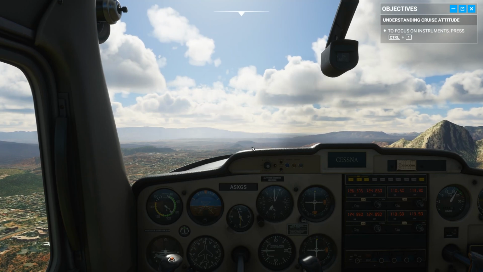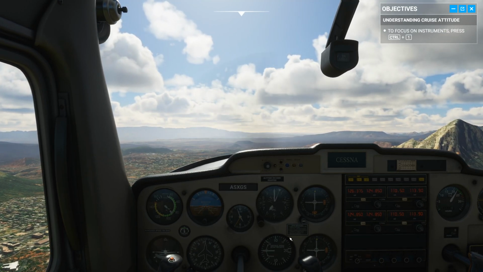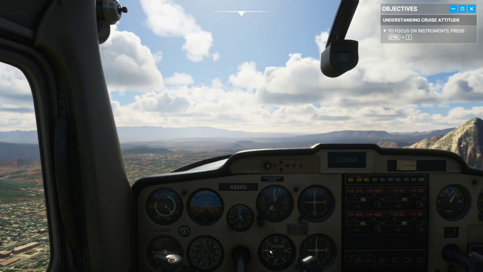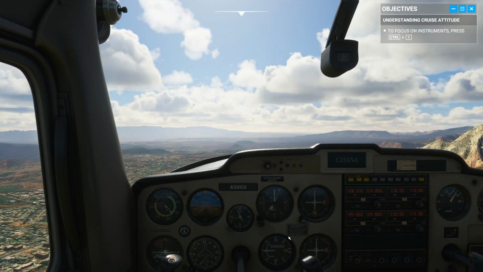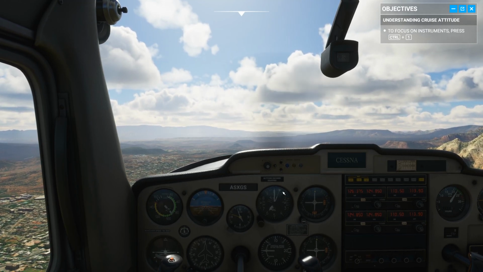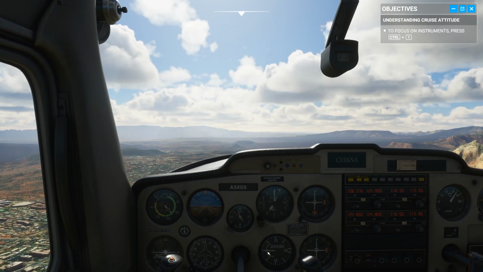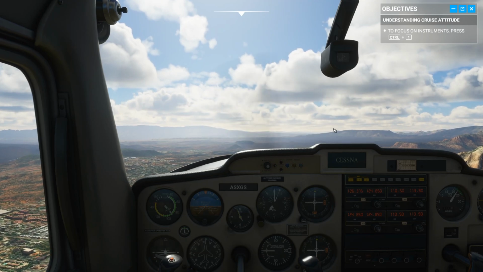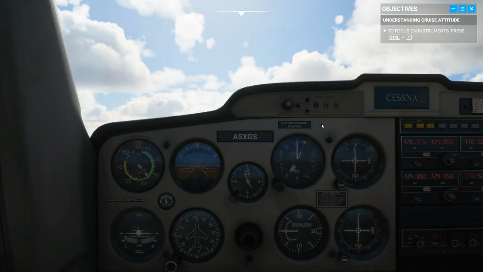What I use to fly level is the attitude outside, and especially this instrument down here, the vertical speed indicator. When that's at 0 feet, it means you're not climbing or descending. This is also a lot more instant than the altimeter, which we're gonna go through in this lesson as well. But keep a look at the vertical speed. If that's at 0 and the outside horizon looks as it does now, then you should be flying straight and level. Anyway, let's go to what she says.